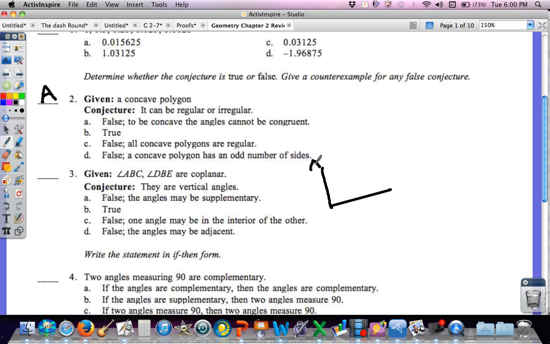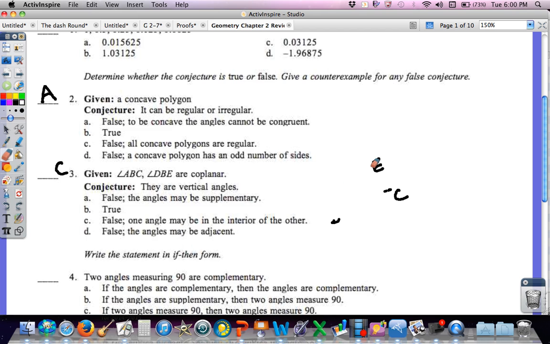So for instance, if I have ABC, I could have ray DB there, and ray BE there. So DBE is inside ABC. So the correct answer, I said, was C.